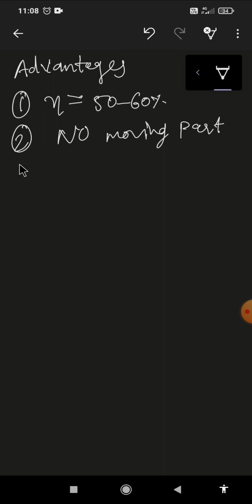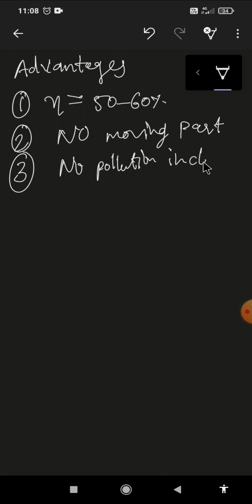Then the third is that the closed cycle system produces power free of pollution. So no pollution in closed cycle system. Then the fourth advantage is that MHD generators have low specific weight.